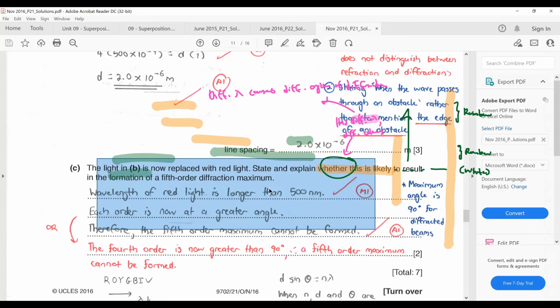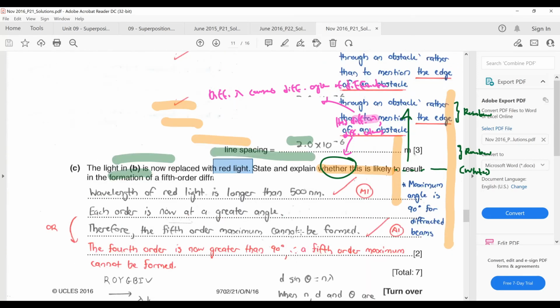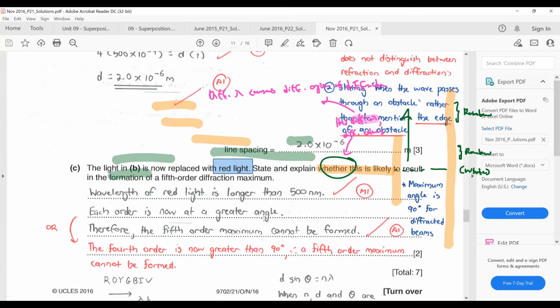This one I mentioned to you what happens when you go and change your light from 500 nanometer to red light. If you did not change anything else, you will notice that your angle for the same order will be larger, isn't it? So you can come to the conclusion that different wavelength produces or causes different angles of diffraction.